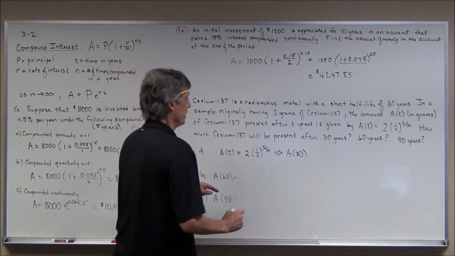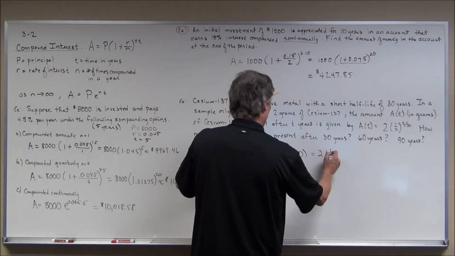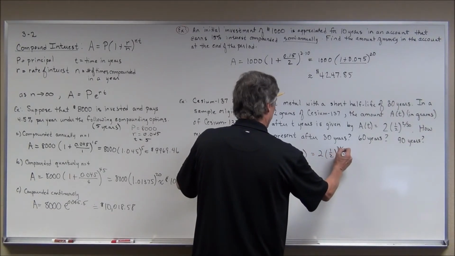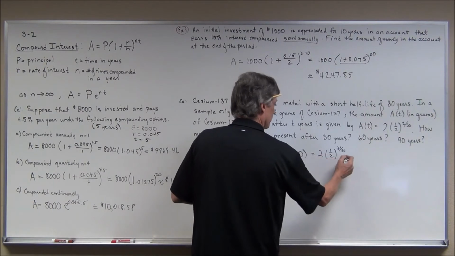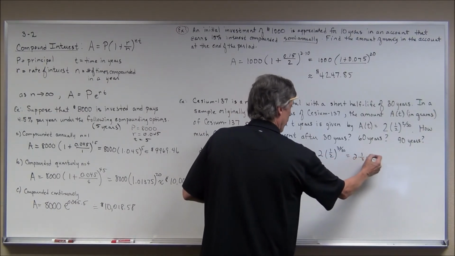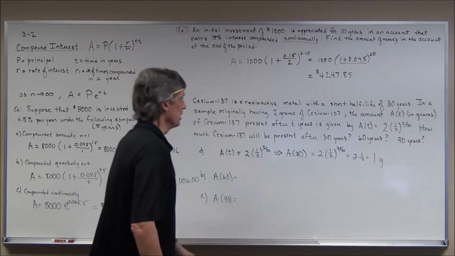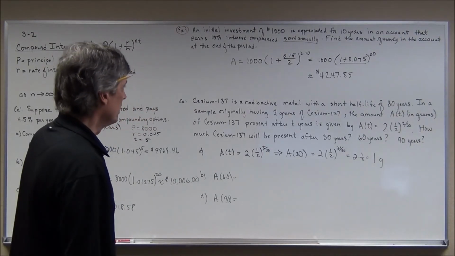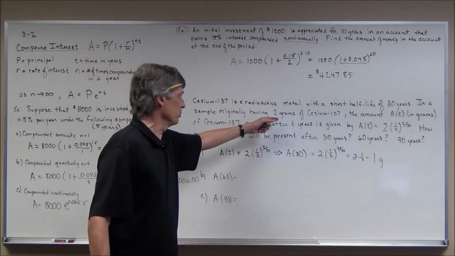So I'm going to plug 30 in. This is going to be 2 times 1/2 to the 30 divided by 30, which of course is 1. So this is 2 times 1/2, or 1 gram of cesium-137 present, which makes sense because we started with 2 grams.